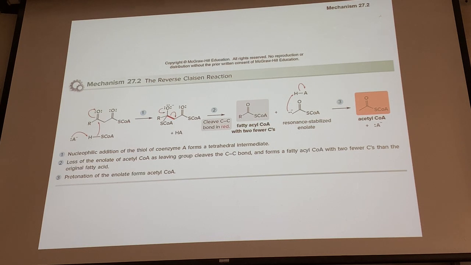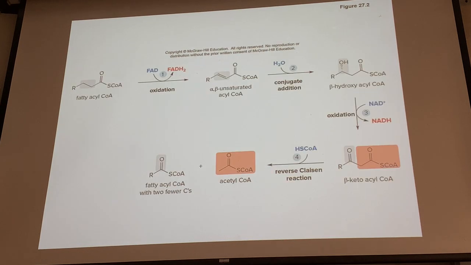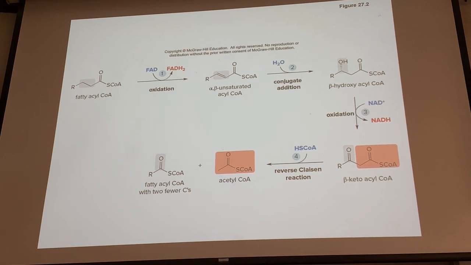Okay, so the purpose of this beta oxidation pathway is to turn our long chain fatty acid coenzyme A into acetyl coenzyme A, which can be dealt with in the citric acid cycle, as we'll learn later this morning. Each cycle of the beta oxidation pathway also produces two reduced coenzymes.